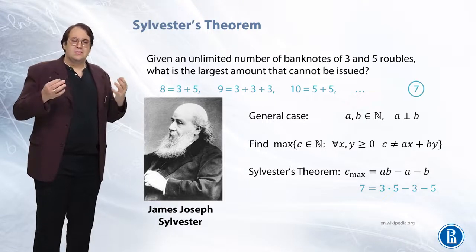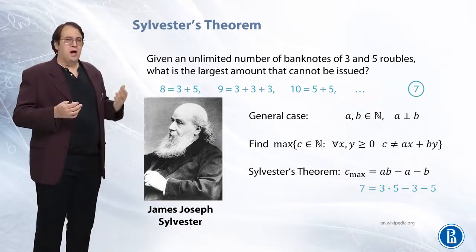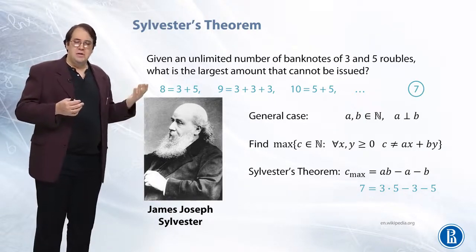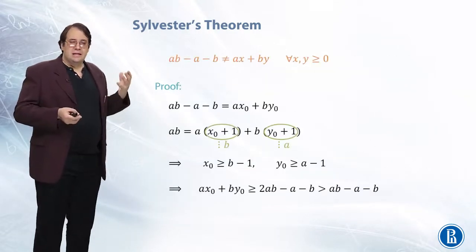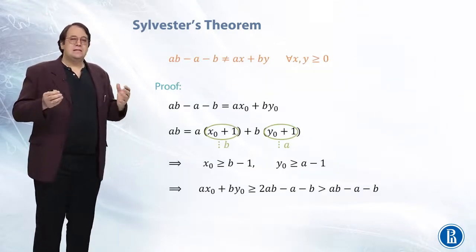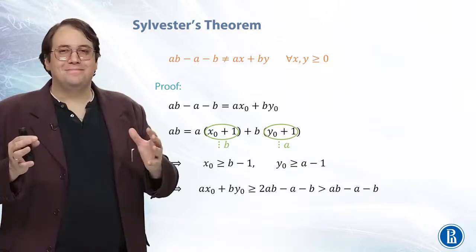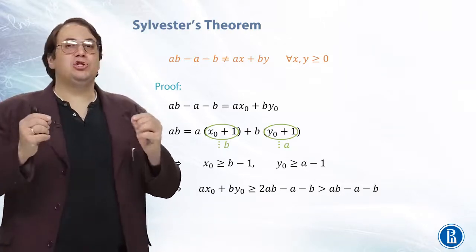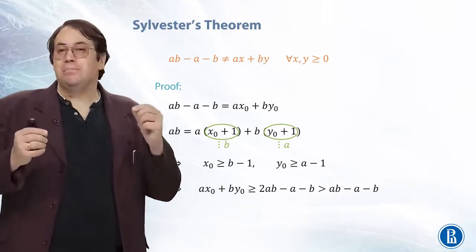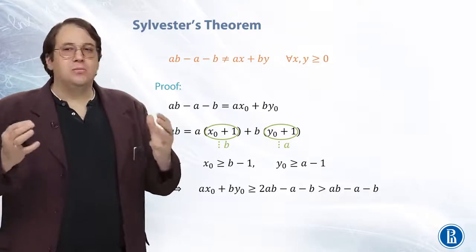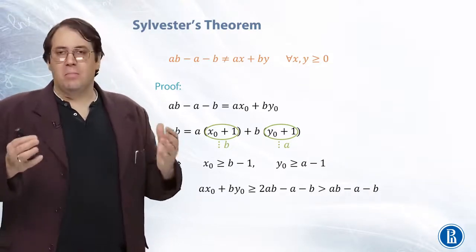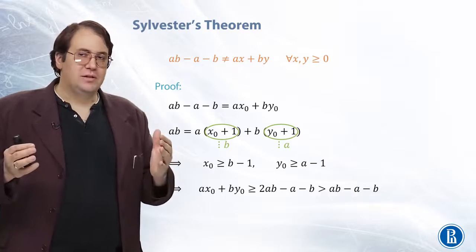So we'll be dealing with mutually prime a and b, positive integers, and the claim actually consists of 2 parts. First, we need to show that ab minus a minus b really cannot be represented as a linear combination with non-negative coefficients.